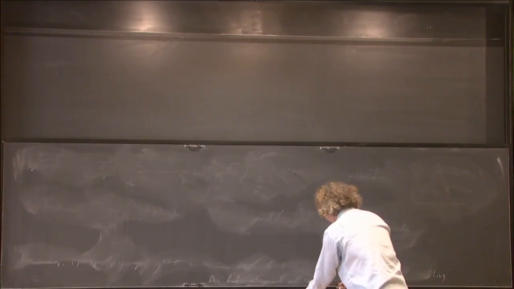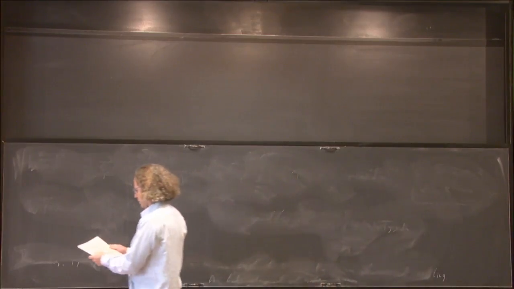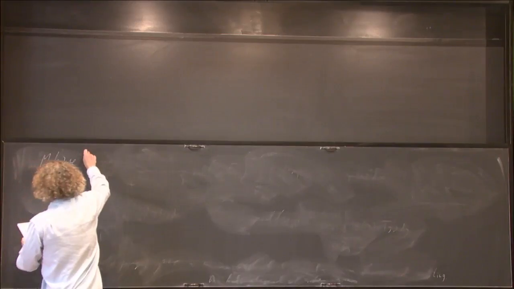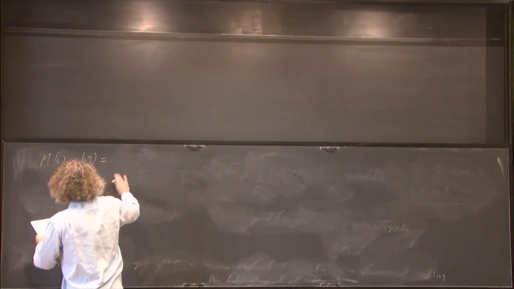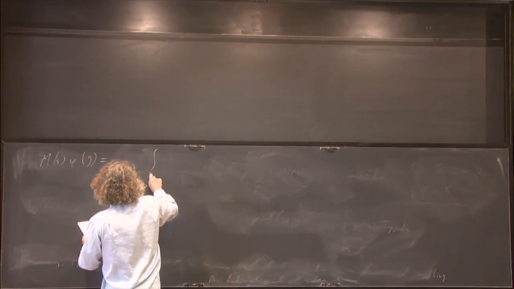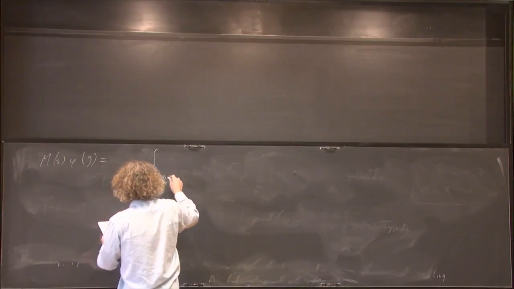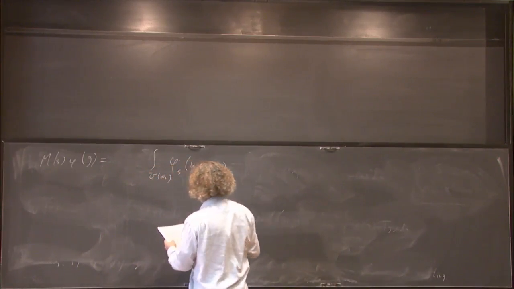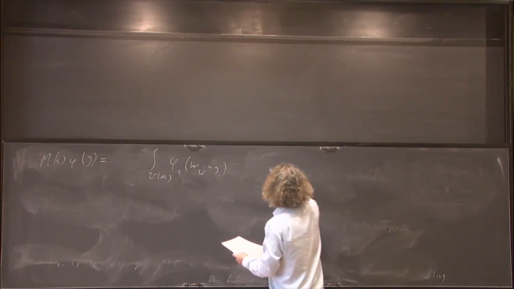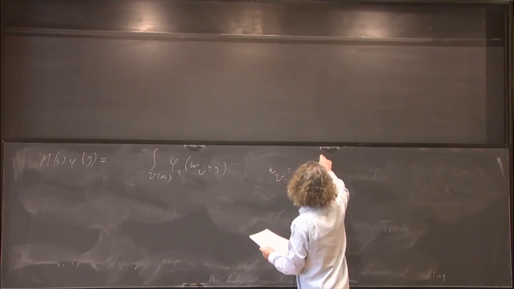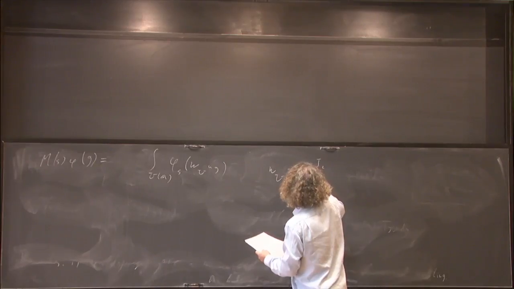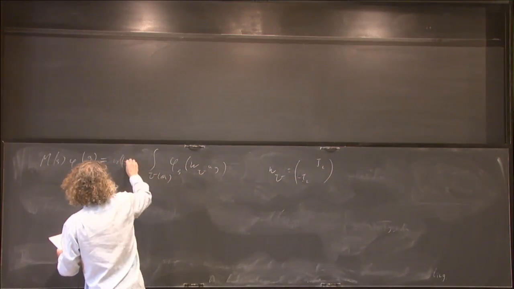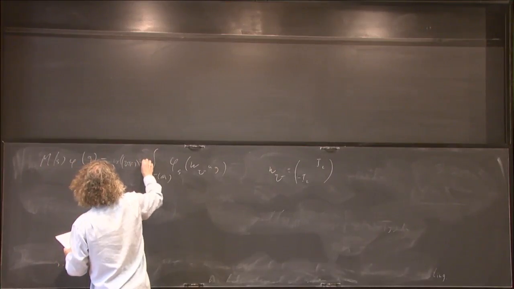I mean, the convergence is essentially the same. So M_s of phi at the point g will be the integral of phi_s of w u g. So w is this Weyl element. Again, it doesn't matter so much, but the volume is normalized to be 1.